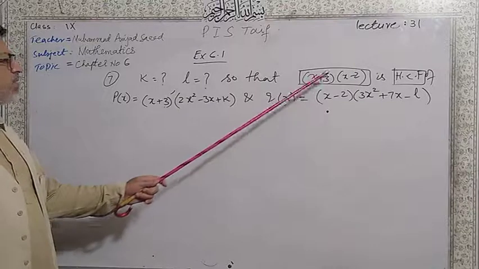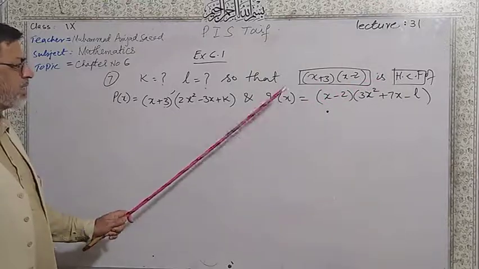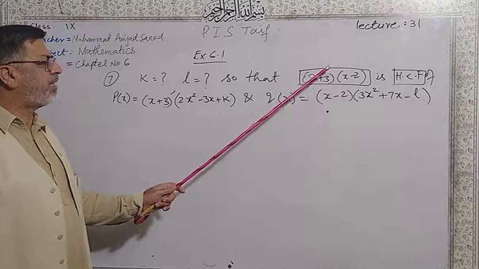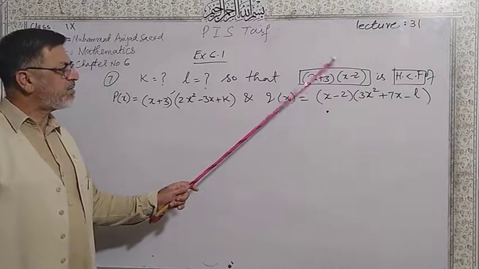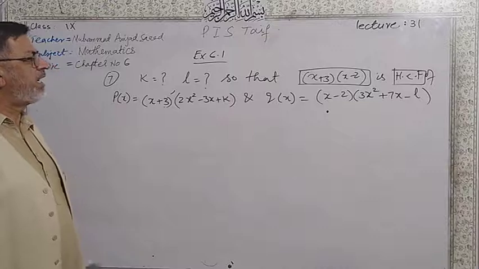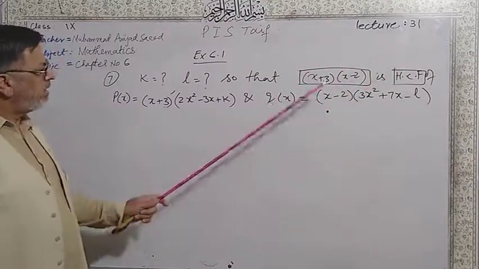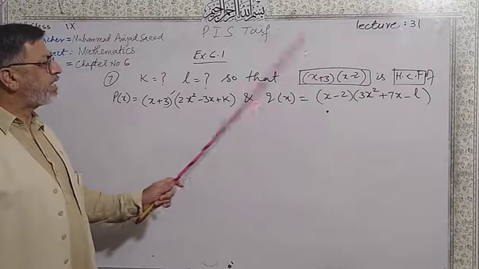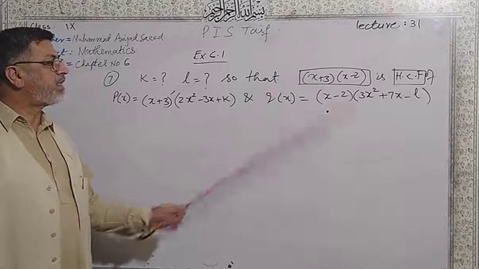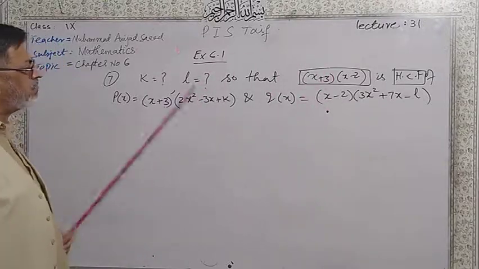Similarly, if x plus 3 and x minus 2 is HCF of Q of x, then Q of x must be exactly divisible by x plus 3 and x minus 2 and the remainder must be 0. Actually, this is the definition of HCF. If it is to be HCF of both, then we must have remainder as 0. They must divide them exactly, completely.